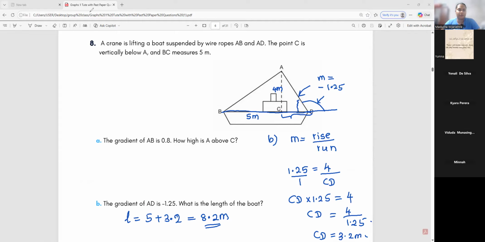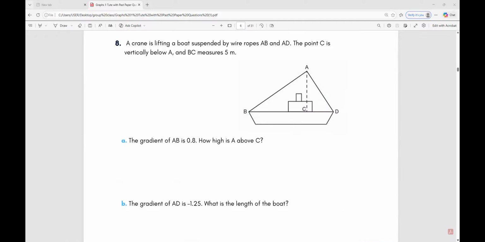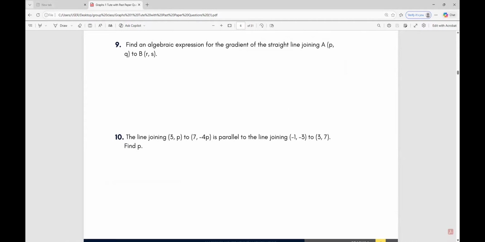Okay, we'll go to the next one. Find an algebraic expression for the gradient of the straight line joining A to B. A has coordinates P and Q, B has coordinates R and S. P is the x coordinate, Q is the y coordinate, R is the x coordinate, S is the y coordinate.